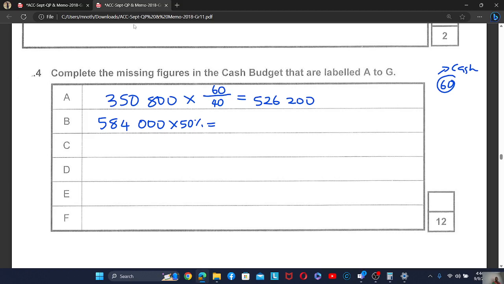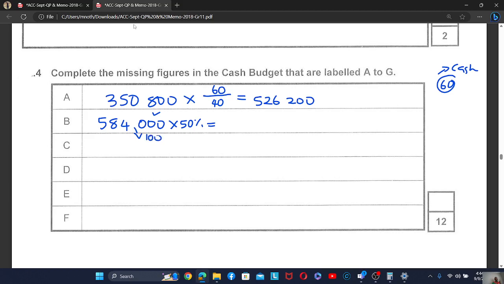No, you can't say 50 over 50, because this 584 is the purchases of November, right? Because we will be replacing those cost of sales. So these purchases include the cash purchases and the credit purchases. So actually this is 100%.